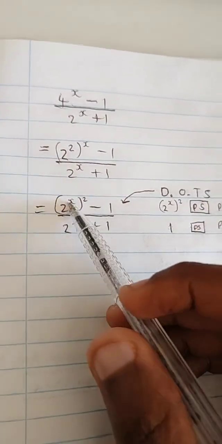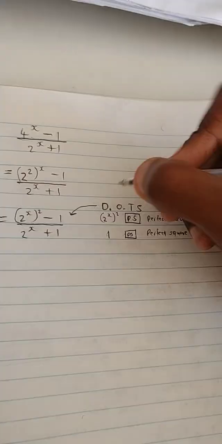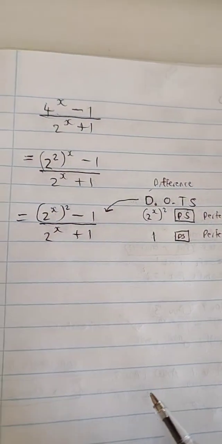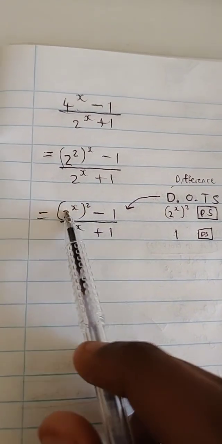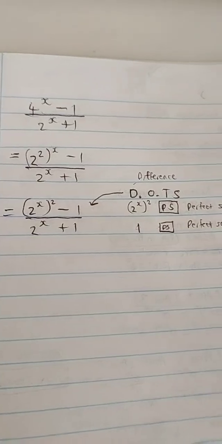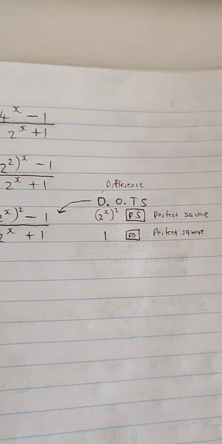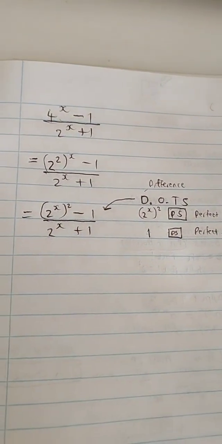In between these 2 perfect squares, we have a minus sign. We refer to that as a difference. So we have a difference of 2 perfect squares, which can be factorized. So we are going to apply what I call difference of 2 squares factorization.